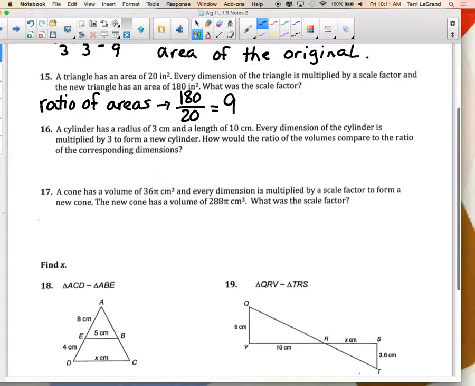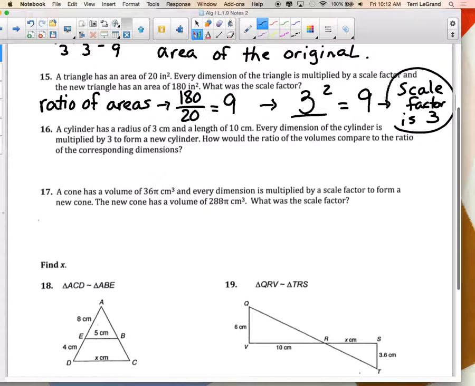So what was the scale factor? 3. Because remember, the ratio of the areas is the square of the scale factor. So what we're looking for is what squared equals 9. Well, that's 3. So the scale factor is 3.